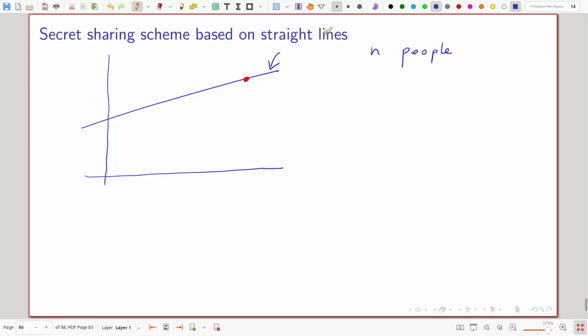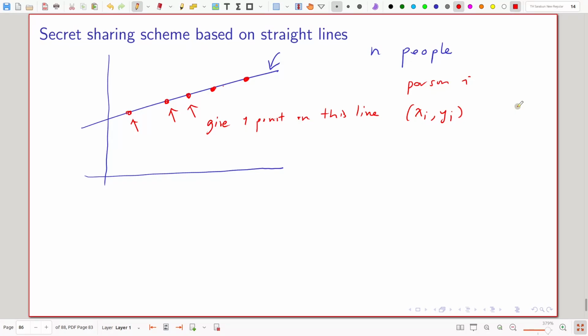And then what I do is, for each of the N people, I give one point on this line. Person i would get (xi, yi). That's 1 point on the line.